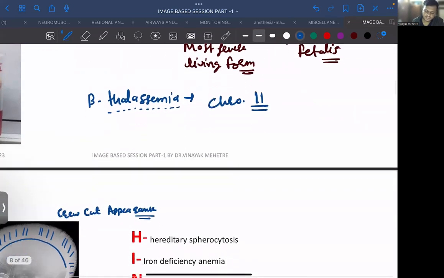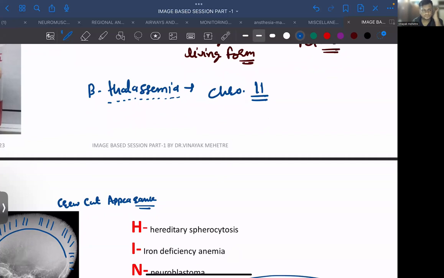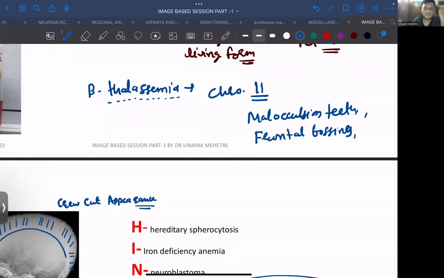I forgot to tell you the clinical features of beta thalassemia. Malocclusion of teeth, crooked teeth, frontal bossing, and one more, chipmunk facies.